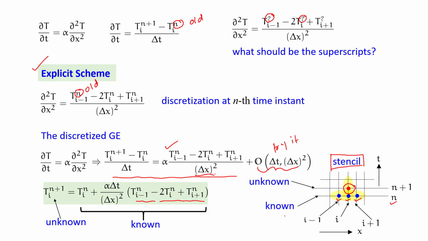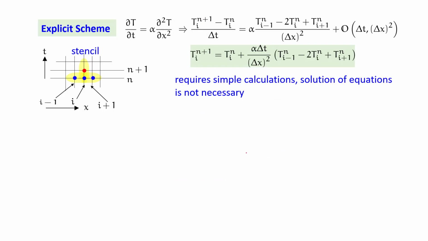So it's a very simple system now. This is going to be our prescription for calculating T_i^(n+1). So let's see how we will proceed. But the first thing is that we do not need to solve linear equations or anything. It's just simple calculation because I already know n.